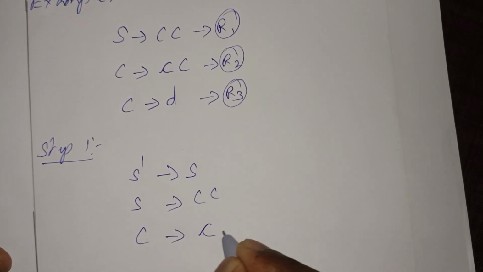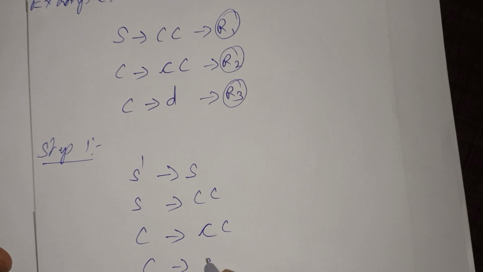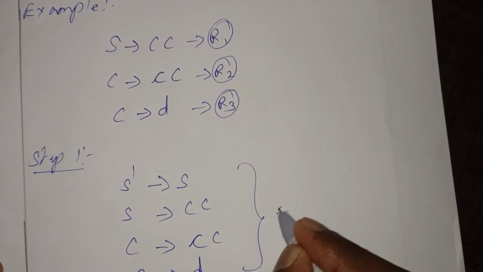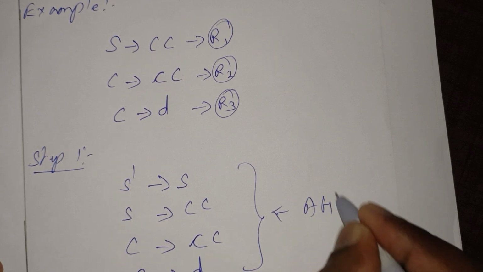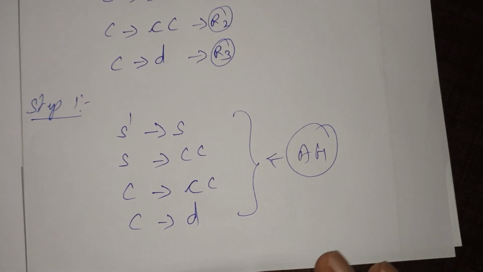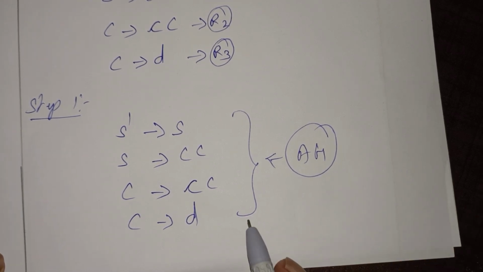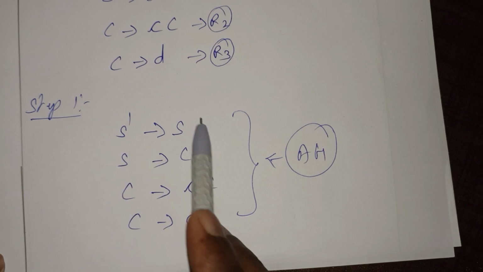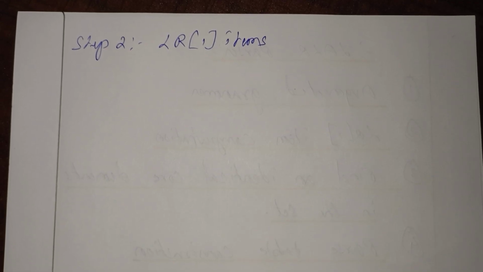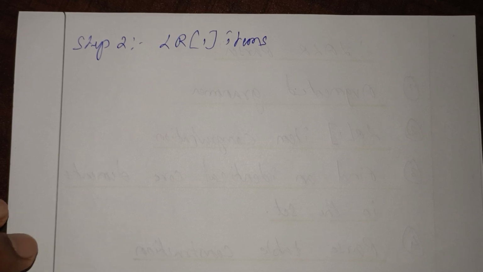S tends to capital C, capital C, C tends to small c, capital C, C tends to small d. This whole process we call the augmented grammar. This is the first step. It's very simple and also the most effective step. If you make any mistake in finding the augmented grammar, then the whole technique will go in a very wrong way.